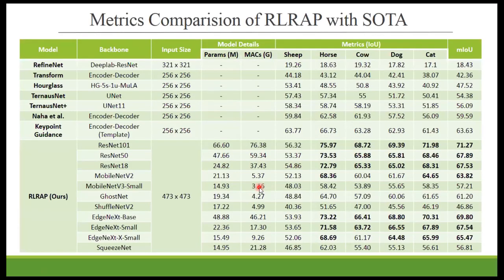Moving to the next. Here, the first 7 rows are the existing approaches. If you see here, ResNet 101 gives the best metrics when we compare to the existing approaches, which is 71.27 mIoU. We have also trained with many architectures like ShuffleNet, EdgeNext with a very low number of parameters. So we are achieving 65, which is better than the existing approaches, with the lightweight architectures as well.